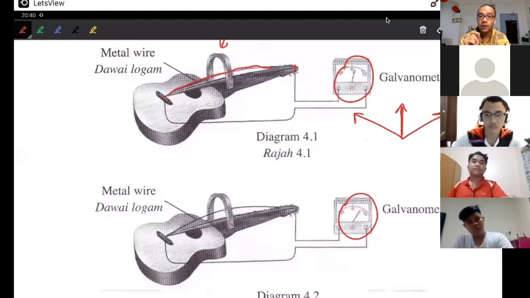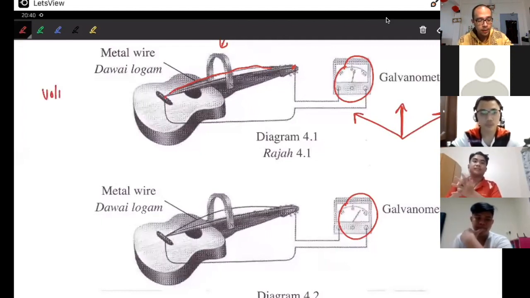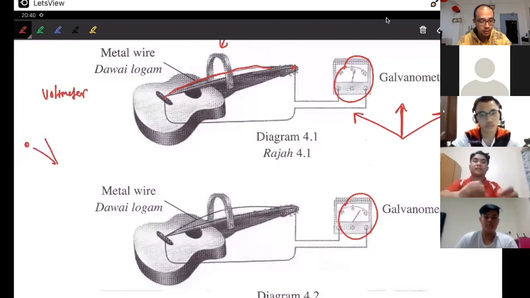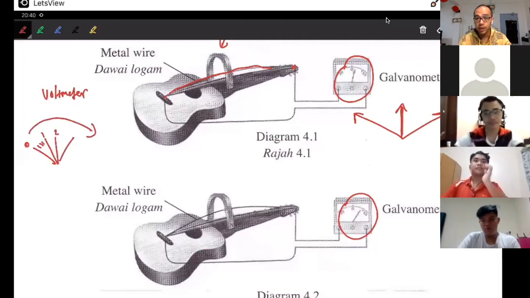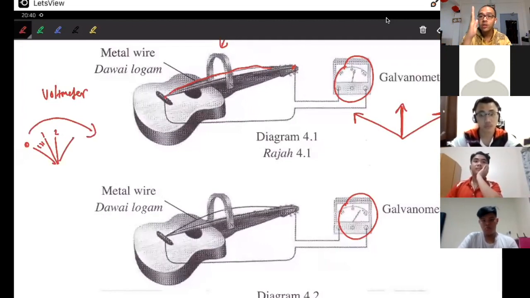Don't be fooled by the galvanometer, because its zero is in the middle. For a normal voltmeter, the zero is on the side, 0 and then 1 and then 2, so the bigger it goes, the bigger the voltage. But for a galvanometer, the nearer you are to the center, the smaller the current. It starts with zero in the middle.